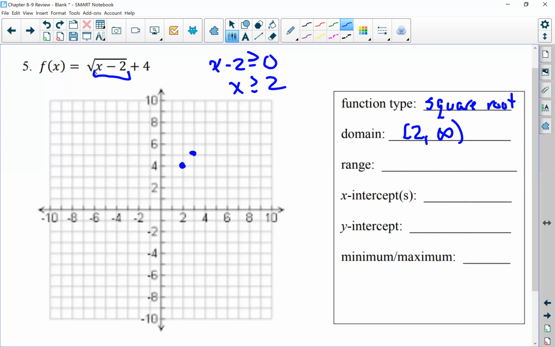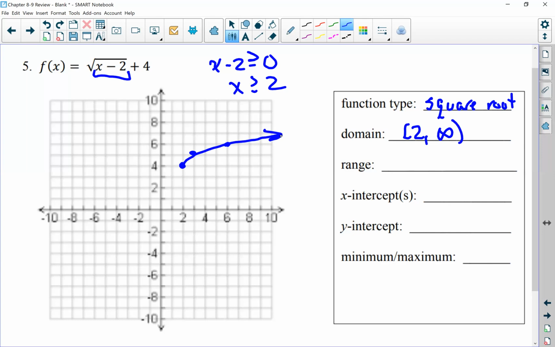So if I plugged 3 in, I would get the square root of 1, which is 1, plus 4 is 5. Then I go up 1 over 3. And if I had room, I could go up 1 over 5. I'm just barely run out of room. So there's what my square root graph looks like.